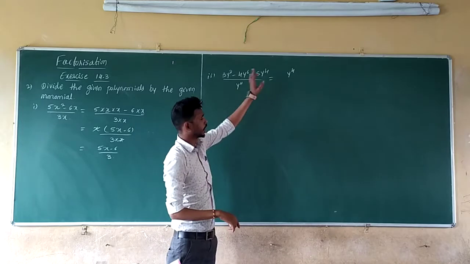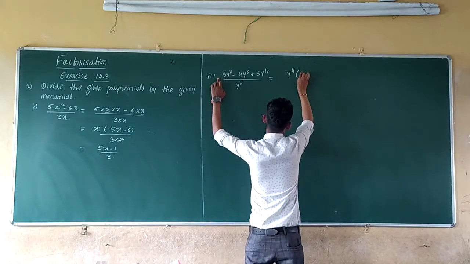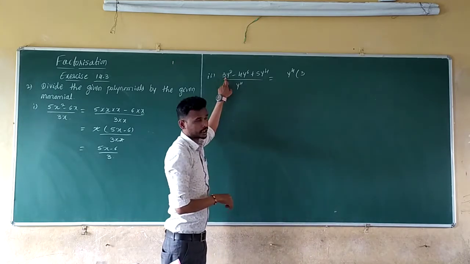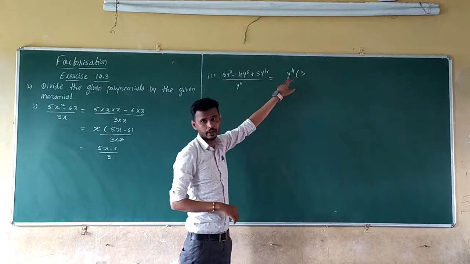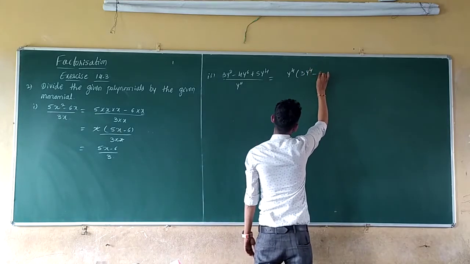So what is the minimum? y raised to 4. So take that y raised to 4 common. Here y raised to 8 is there, we have taken 4, how much remained? y raised to 4, so 3y raised to 4 minus.